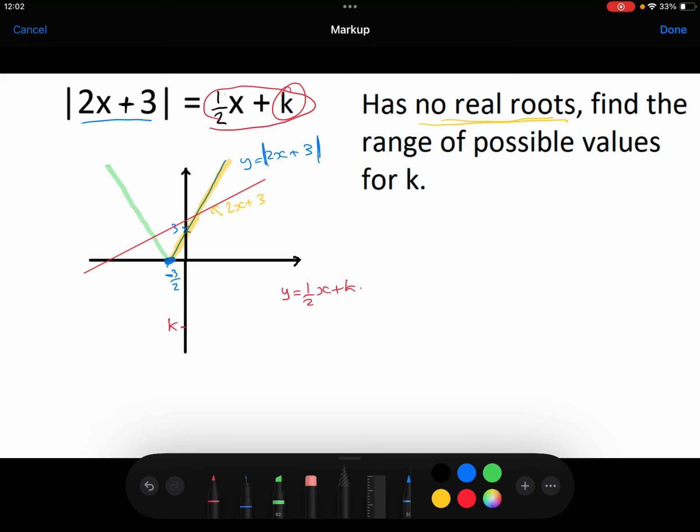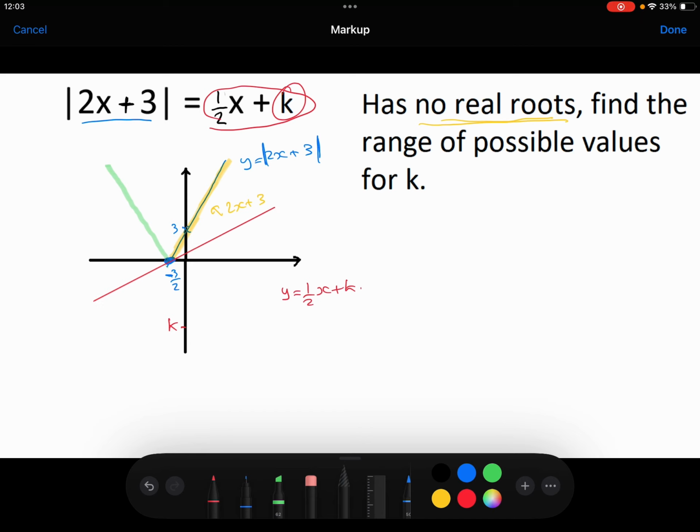So where does the situation change? No roots, no roots, no roots, no roots. When I get to the vertex, I've suddenly got one root now where it goes through the vertex. And then when I go above the vertex, I get more than one root. I get 2 roots. So the vertex is key with these questions.